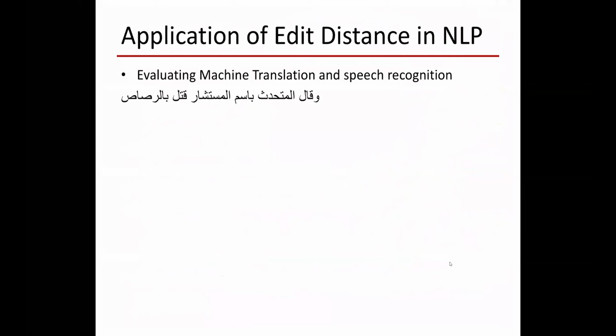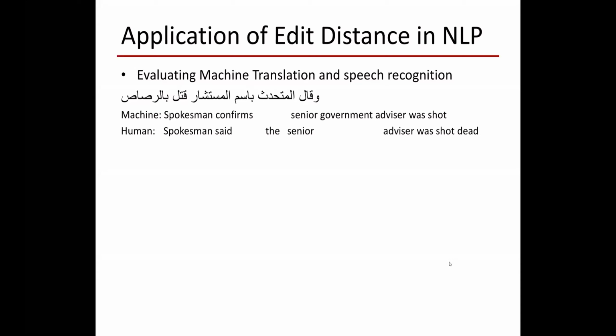I don't think so. So this means: spokesman confirms senior government advisor was shot. It's the Arabic language. Then the human translated: spokesman said the senior advisor was shot dead. The machine did a good job, but it's not perfect as the human did. It's not natural.